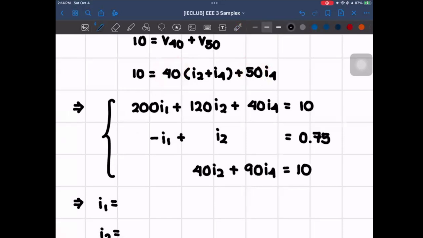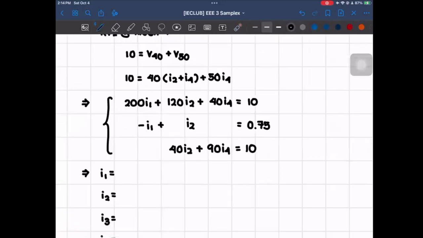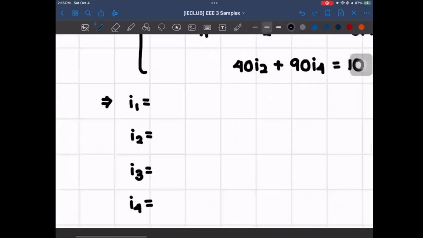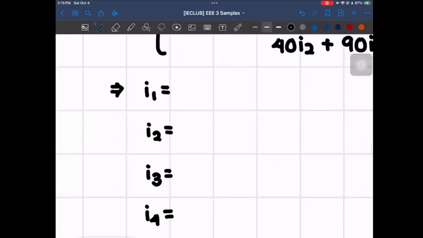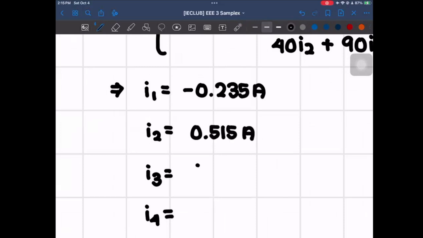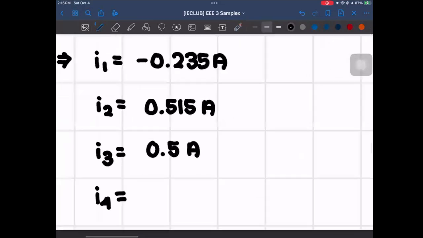Given that we already have our system of equations, we could plug this into our calculator and we will end up having these values. I1 is negative 0.235 A, I2 is 0.515 A, I3 is 0.5 A, which we already determined a while ago, and I4 is negative 0.118 A.